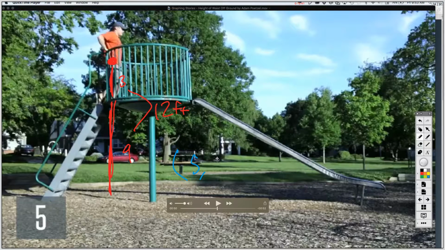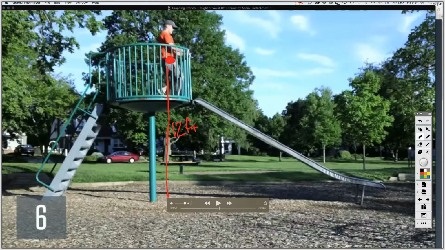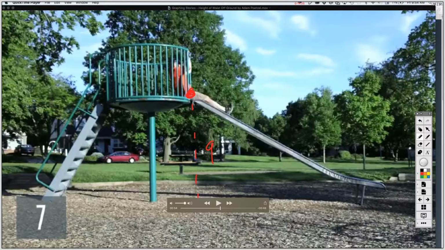At 5 seconds, what's my height? 12. Make sure you have 5, 12 as a coordinate. Now at 6, what's my height? 6, 12. At 7, what's my height? 7, 9.